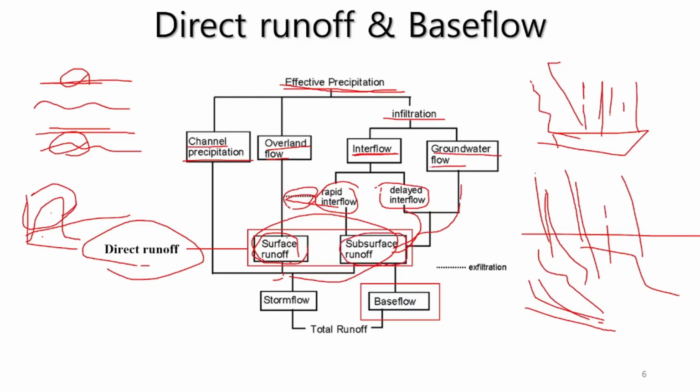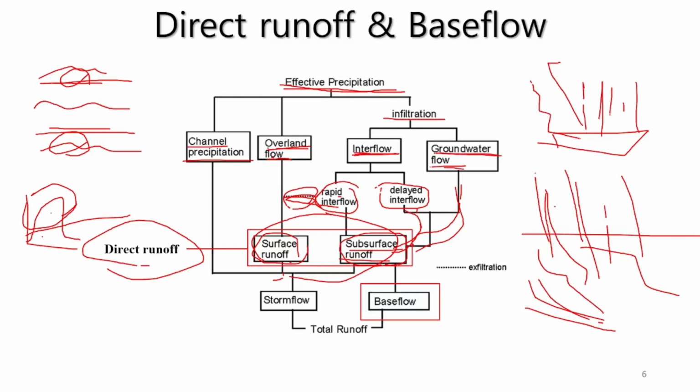Surface runoff is made up of overland flow that happens on the surface and a very small amount of rapid interflow that gets combined into overland flow. Subsurface runoff is a combination of some rapid interflow, delayed interflow, and also groundwater flow.